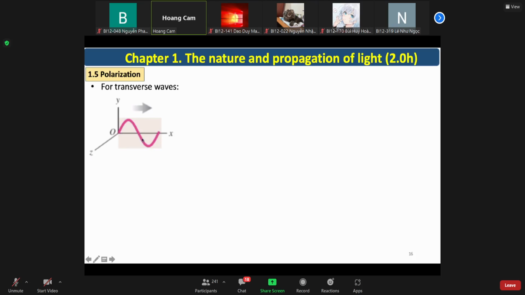So if we look like this, it means that it oscillates along the y-axis, right? Yes, along the y-axis. And in this other example, the wave also propagates along the X direction, and the oscillation is along the Z direction, you see here, in the XZ plane. And here along Y, if we look at the XY plane, the Cartesian coordinates.